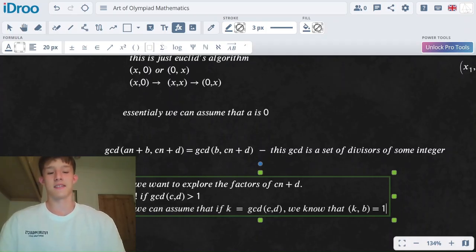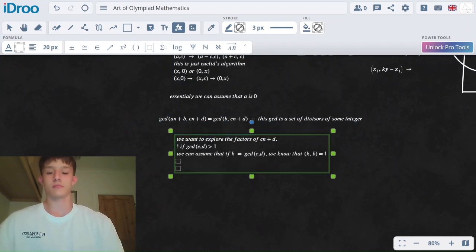So K and B have to be coprime, so we can divide everything on the right-hand side by K. Then Cn plus D turns into C over K times n plus D over K, and they're coprime. So we can safely assume C, D are coprime.